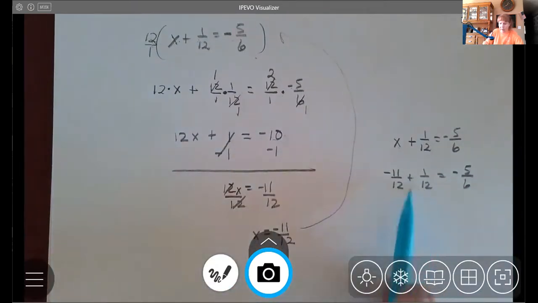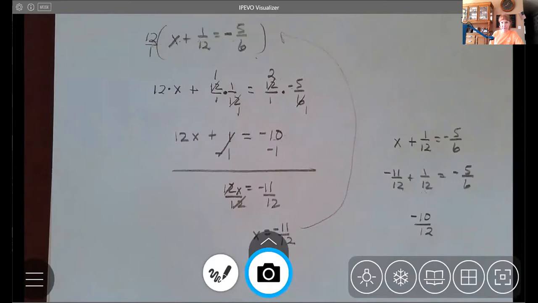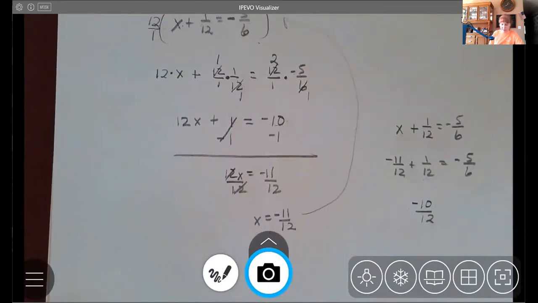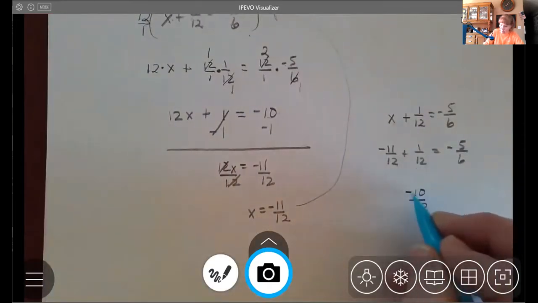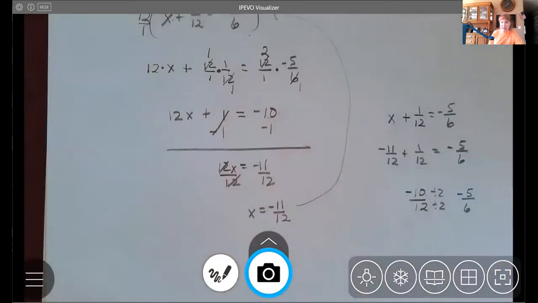Okay, here they have a common denominator. So if I have a negative 11/12 plus a positive 1/12, I'm going to get a negative 10/12, which reduces down. 2 goes into both of those, divide them both by 2, and I end up with a negative 5/6. So it does equal. They are equal.